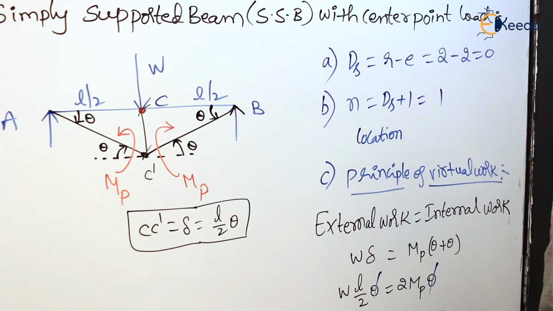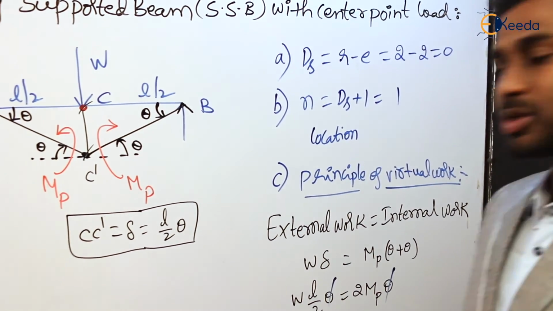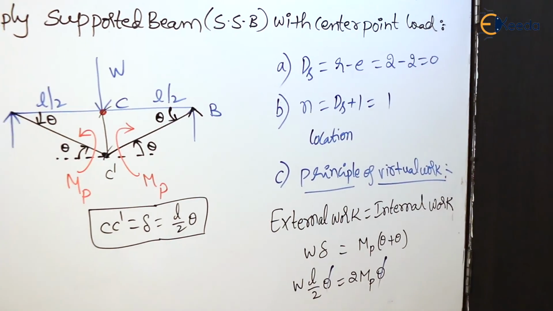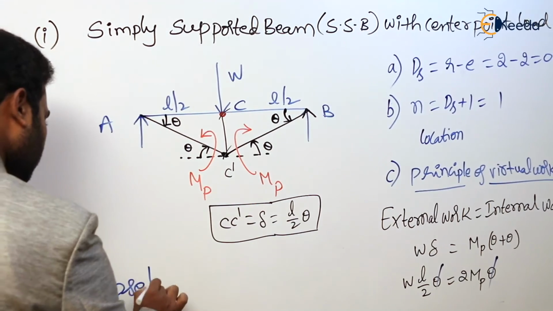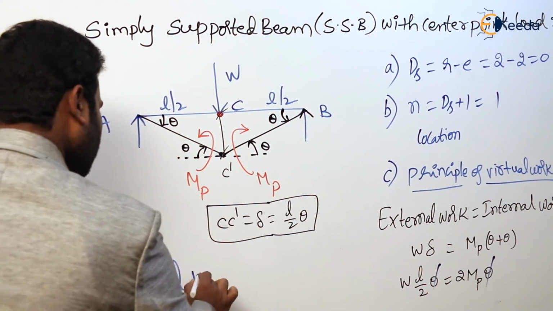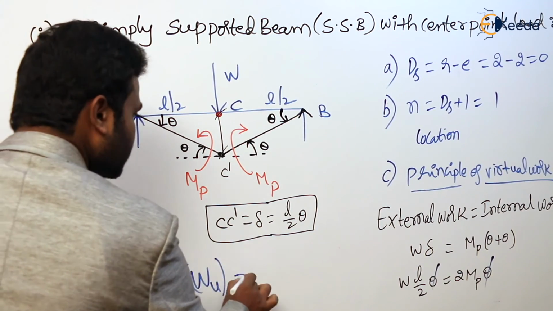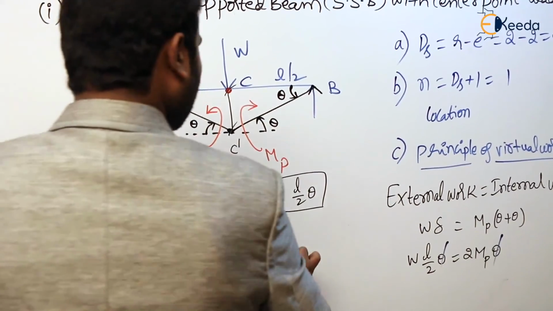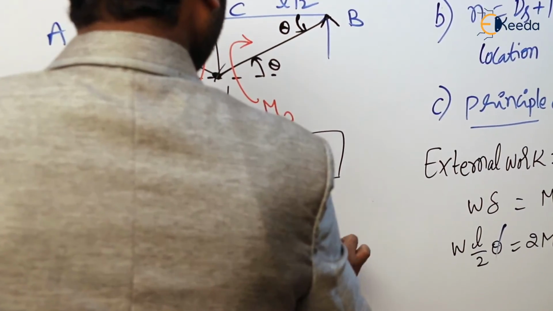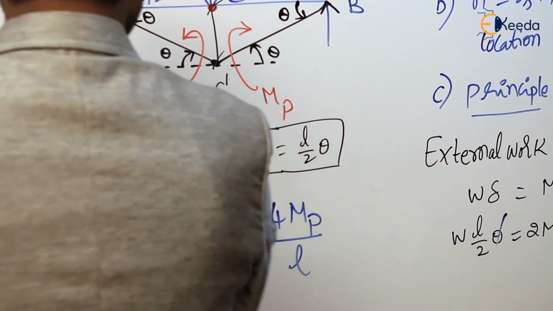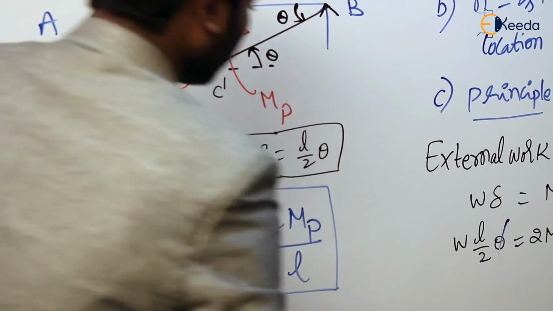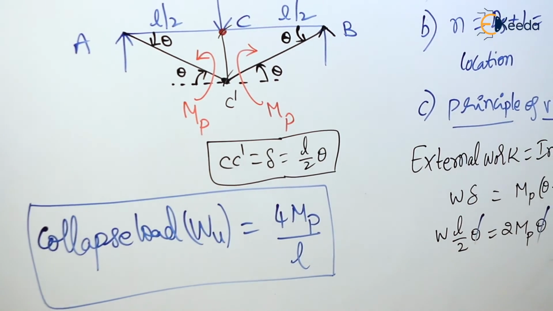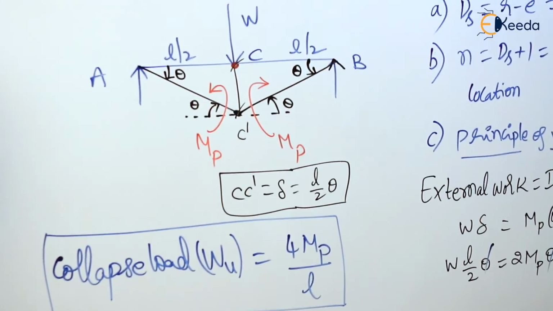So now how much is the collapse load W? 4 MP by L. So this is the collapse load. The collapse load for a simply supported beam with a center point load is 4 MP by L.